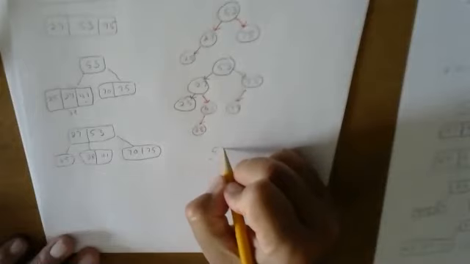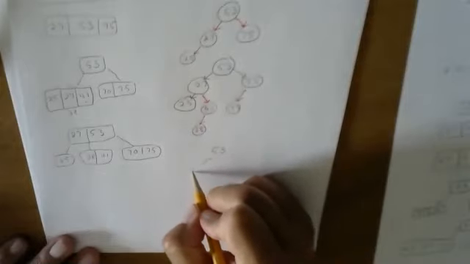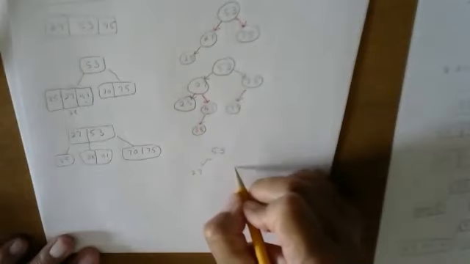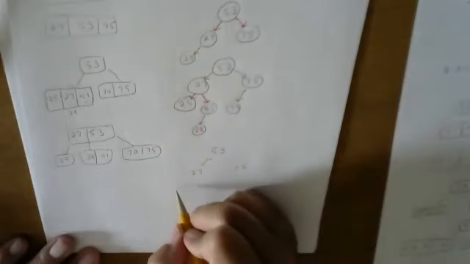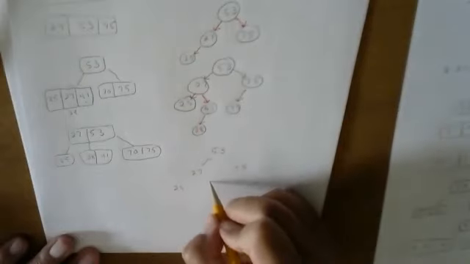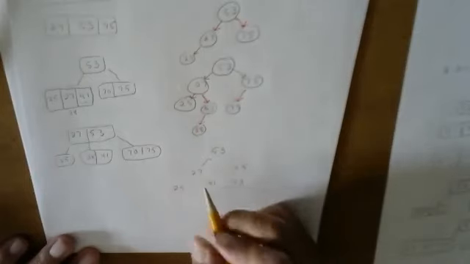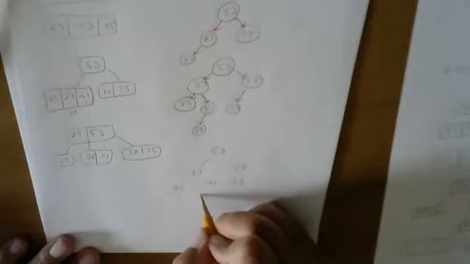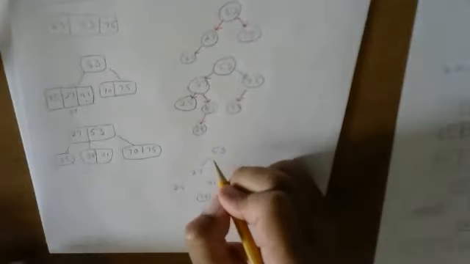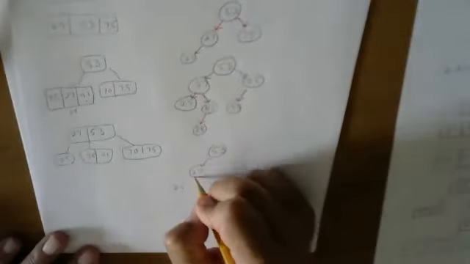So now I'm looking at 53. Here's the 27 and the 75. Here's the 25, the 41, the 73, and the 38. And we said 53 and 27 now became black.